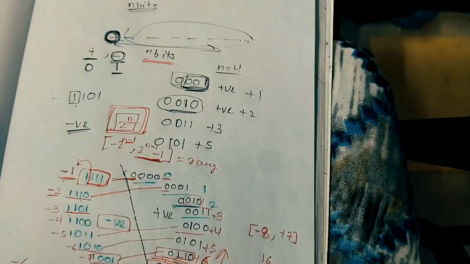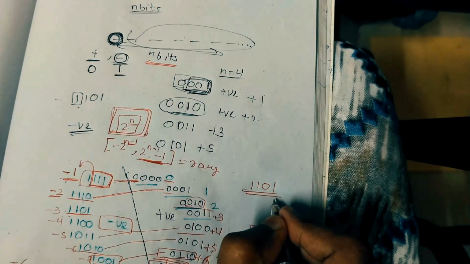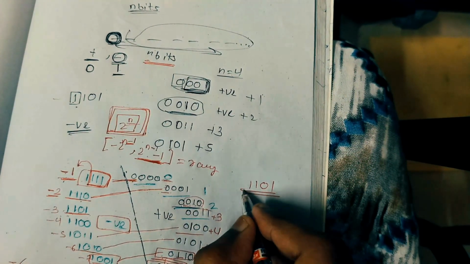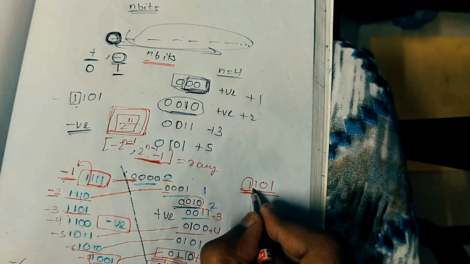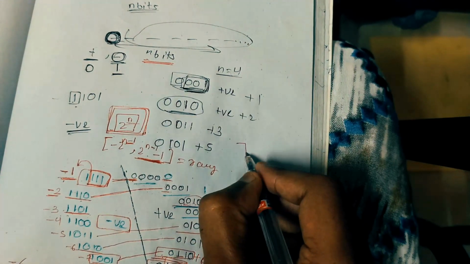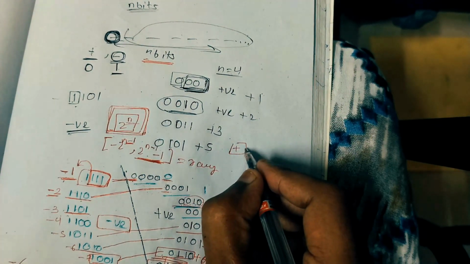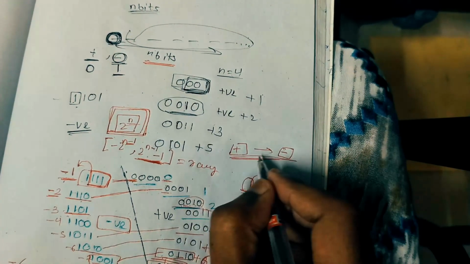Now, if you are given a 2's complement binary, let's say this, and we don't know what this is, how will you find which negative number it represents? Well, you know this, right? From positive to negative, how did we go?